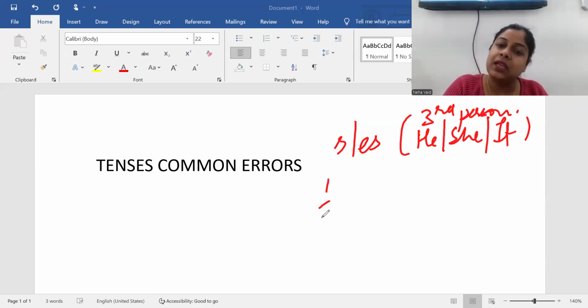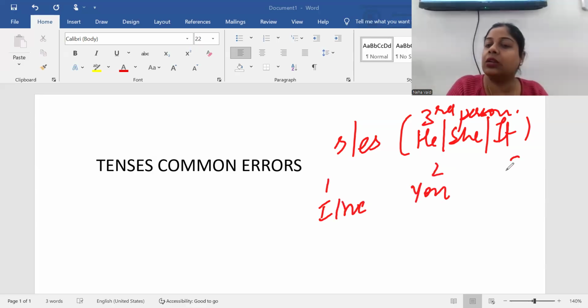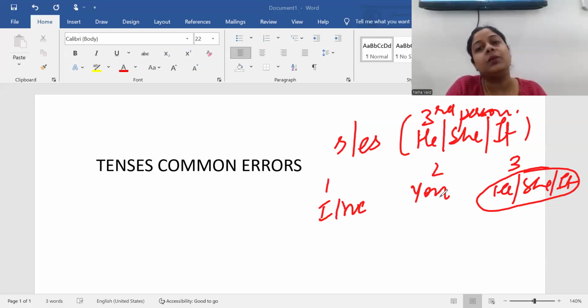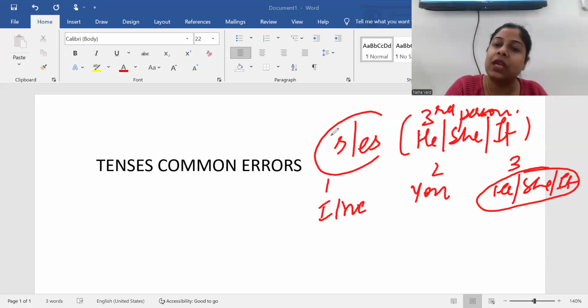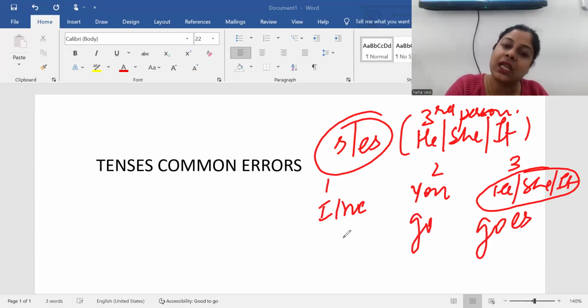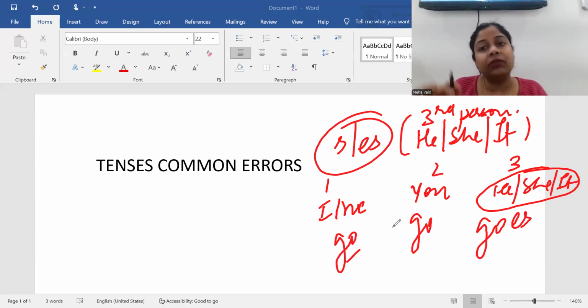First person is I and we, second person is you, and the third person is he, she, it. So only with third person singular we use S/ES, like goes. But with you, we have go, and I and we with go. So only with third person singular we use S/ES, else we don't use S/ES in the simple present tense form.